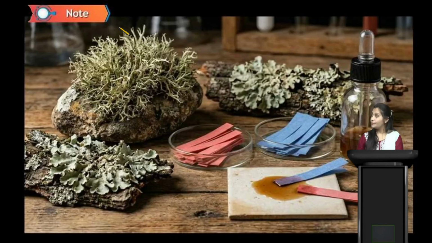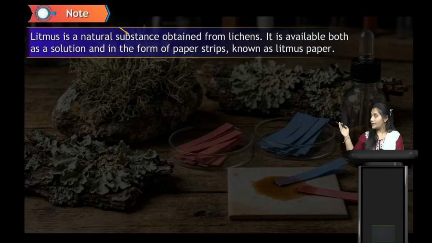So here's a note: litmus is a natural substance obtained from lichens. It is available both as a solution and in the form of paper strips known as litmus paper. The litmus paper which we have used is a natural substance obtained from the plant lichen, and we already know what lichen is.